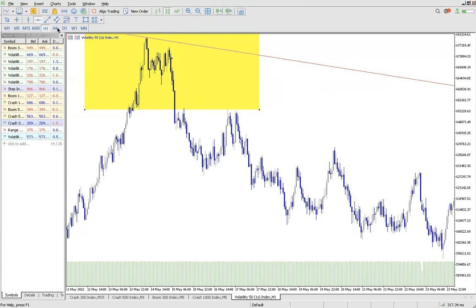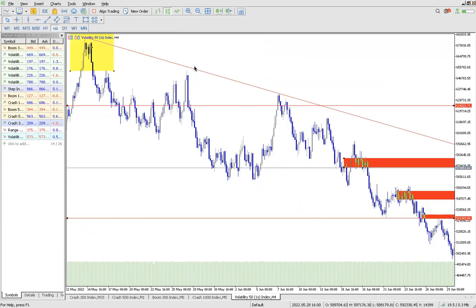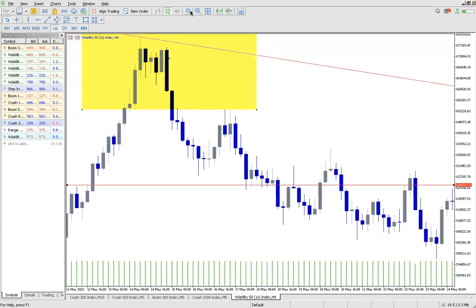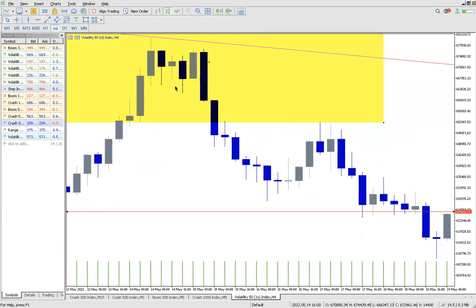So now going back to H4, which is actually a time frame where you can see the proper M. You can actually see that we had our first leg of the M here, our second leg, and our break.